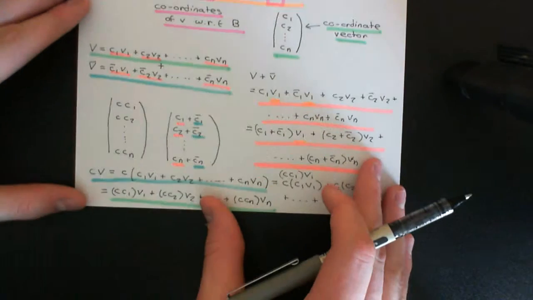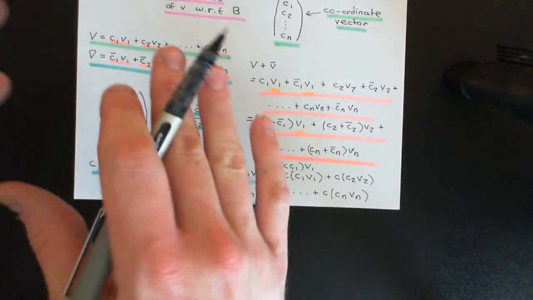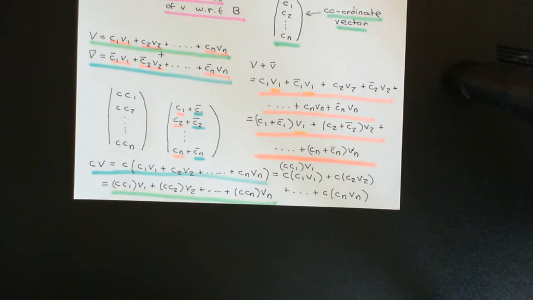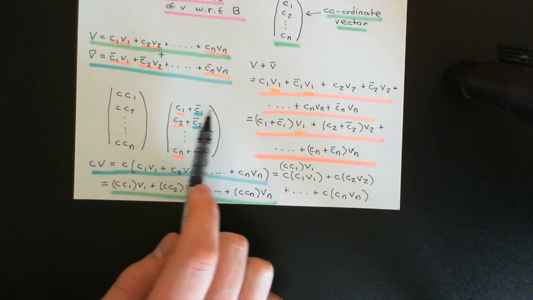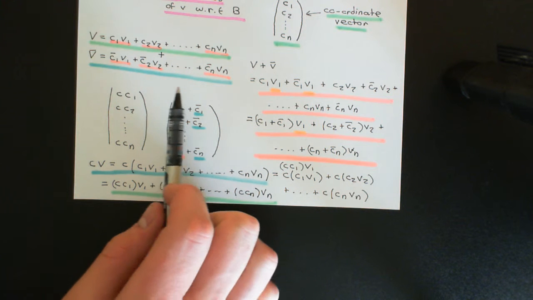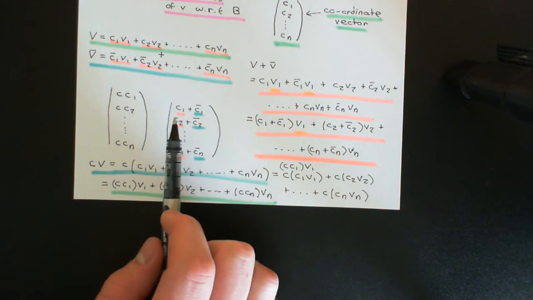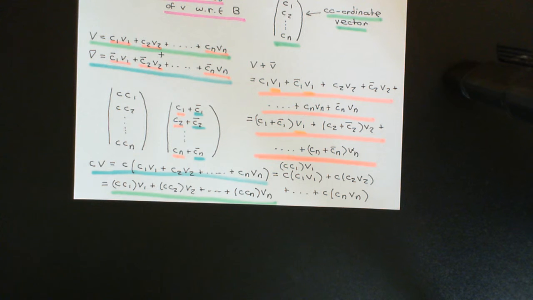And we saw how nice coordinate vectors are. We saw that if we want to add two vectors together, the coordinate vector of the two vectors added together is just all of the components added together. So all of the coordinates just add, so the different scalar coefficients in front of the different basis vectors just add together.